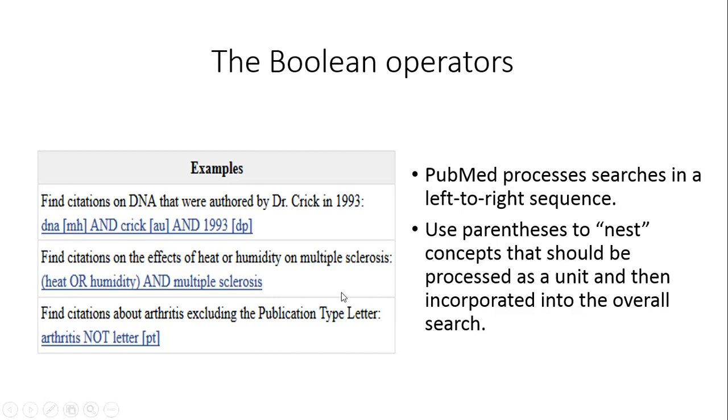For example, next, if you want to find the citations about arthritis, but they should not contain the publication type letter, so you don't want to include the letters that were written to the editors, and on the contrary you would like other types of articles to be reported, in such a case you can use the query arthritis, but not letter in publication type as a tag.